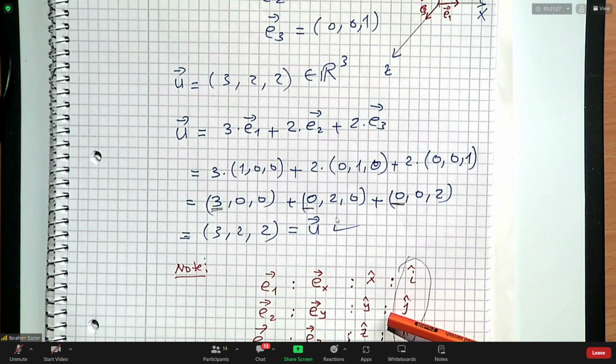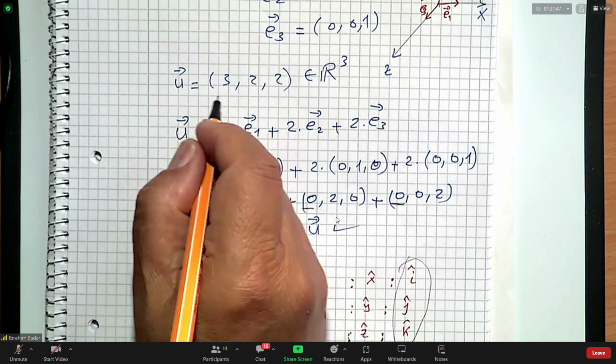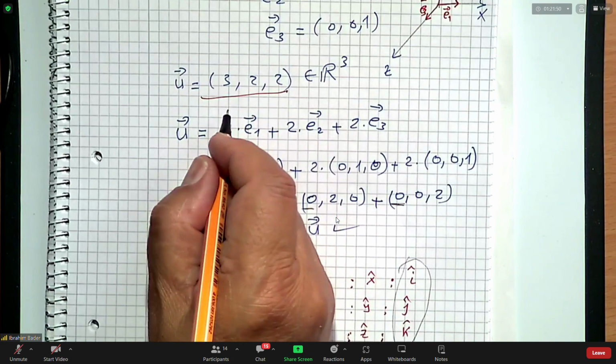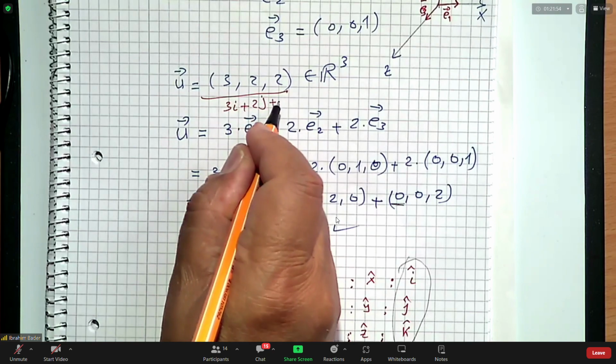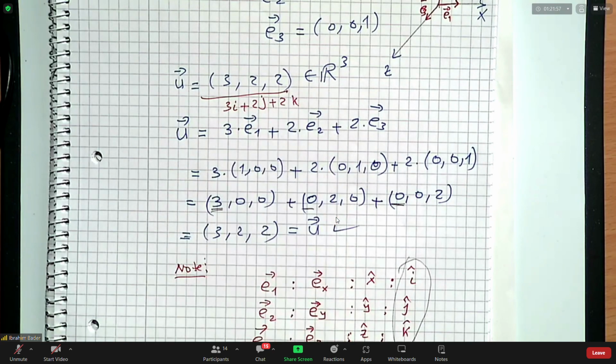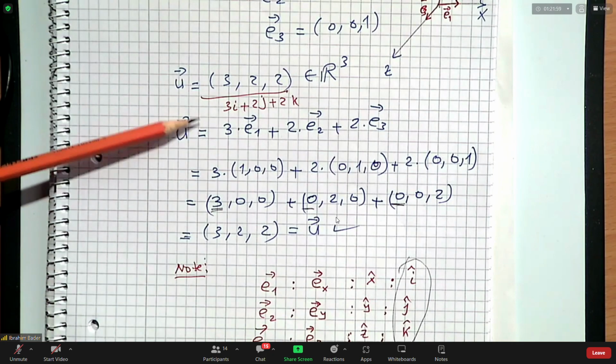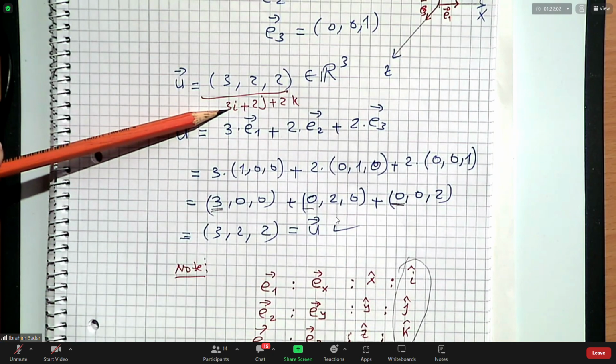It's very helpful when it comes to evaluating the cross product. So this is the unit vector. Now in some literature, you see this vector here just written as 3i plus 2j plus 2k, just to distinguish the coordinates. So this is unit vector.